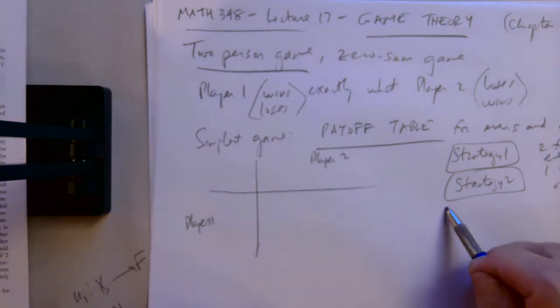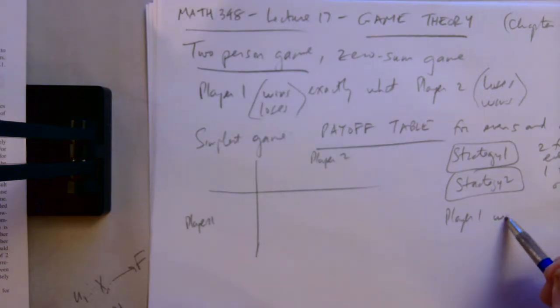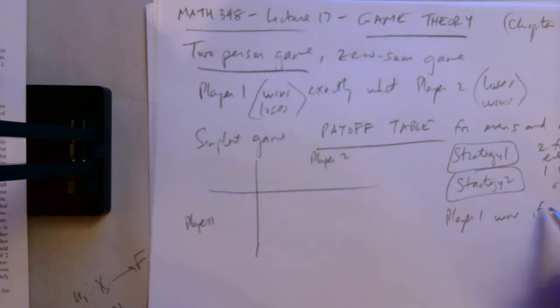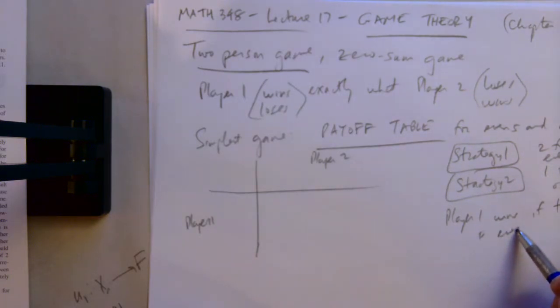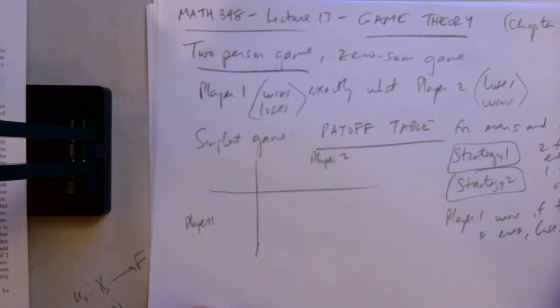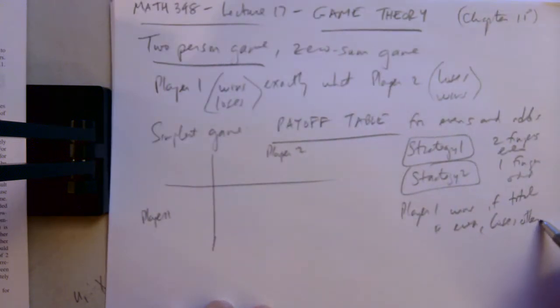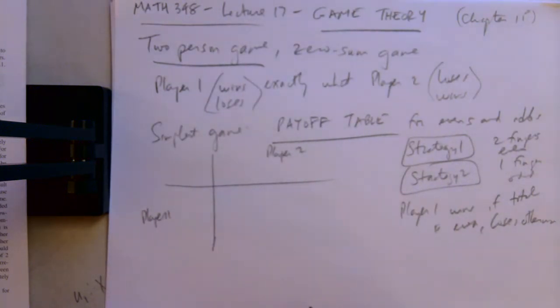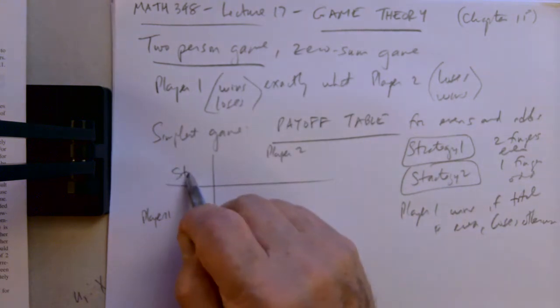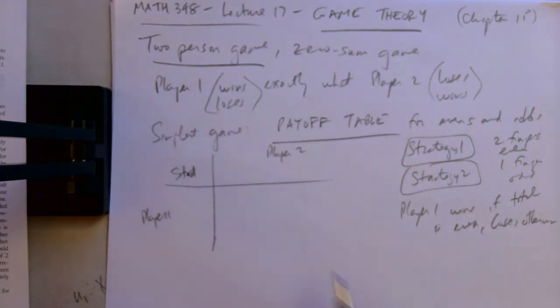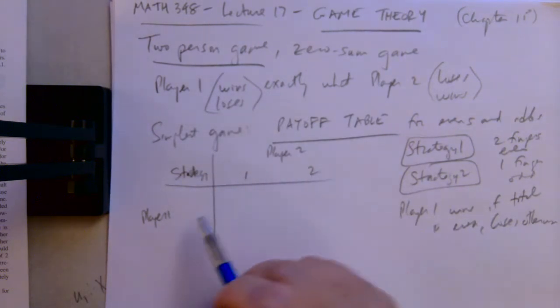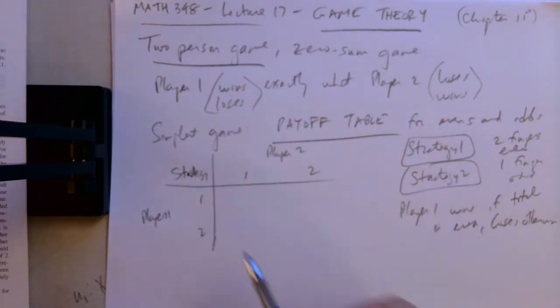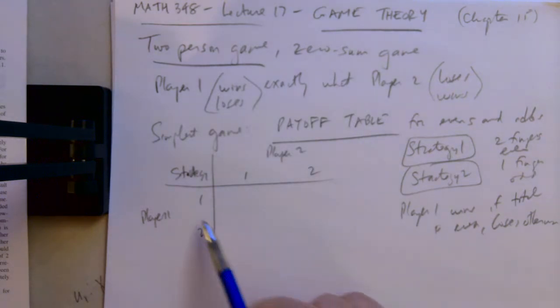And let's say player one wins if the total number of fingers is even, and he loses otherwise. So here, for each player, we have a strategy. Strategy 1, strategy 2, strategy 1, strategy 2. And what I want to put in this table is the payoff.